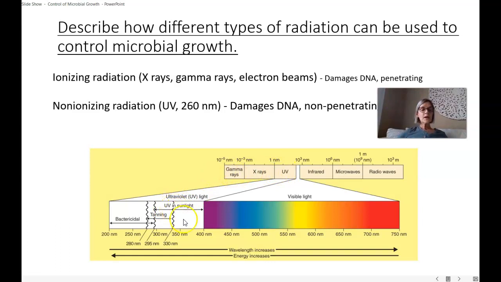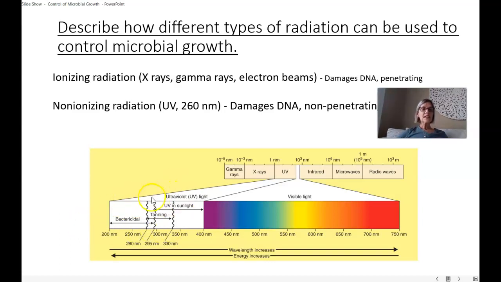But because of the particular wavelength of light, they actually don't penetrate objects very well. Ultraviolet light, like that seen in sunlight, can cause cancer, but the kind of cancer it causes is skin cancer. That's because it only affects the surface. It can't penetrate and give us things like leukemia or liver cancer.